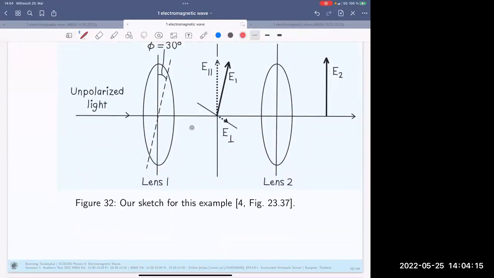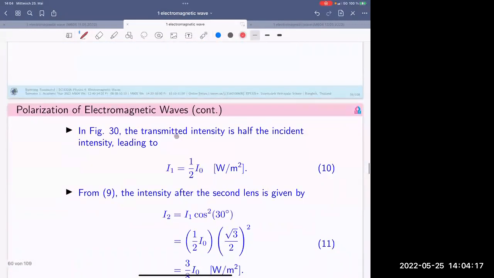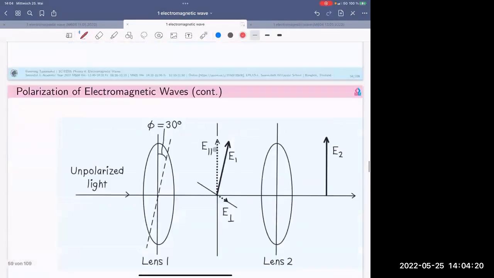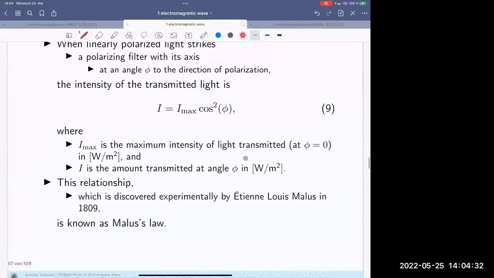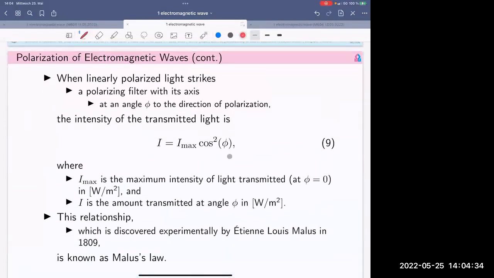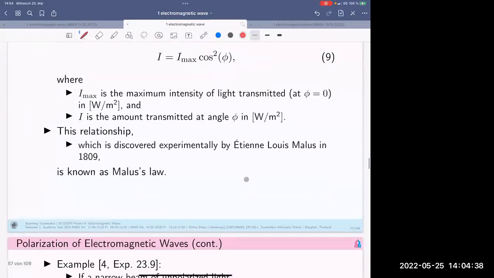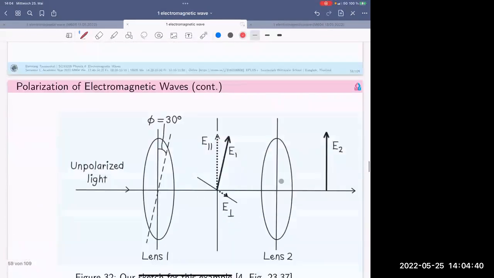That will be the result after the first lens. But you cannot say the intensity here will be half of this one because this is already the polarized light, okay? And you have to use the Malus law. It depends on the angle difference between the polarizing axis and the incident light.